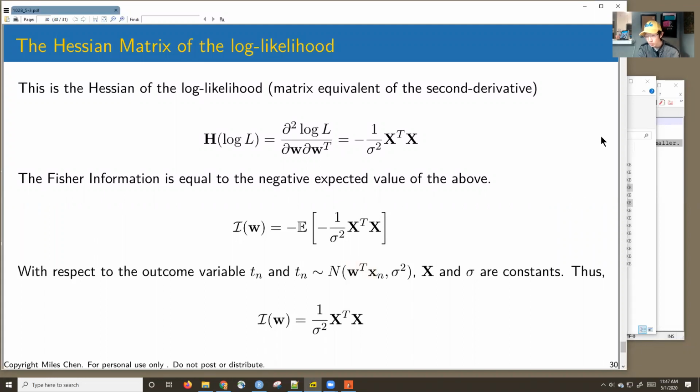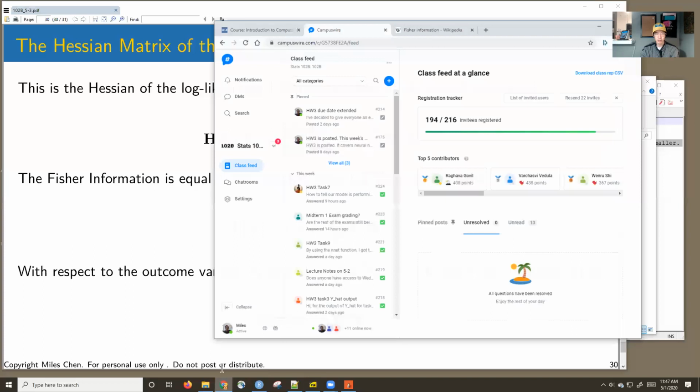Portent is asking, is the Hessian of the log likelihood the same as the Jacobian of the gradient? The Hessian is equivalent to the Jacobian of the gradient. The Hessian of the log likelihood would be the Jacobian of the gradient of the log likelihood. So you need the gradient of the log likelihood, and you take the Jacobian of that gradient.